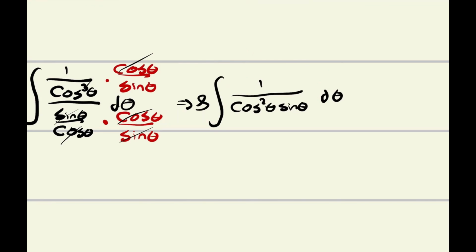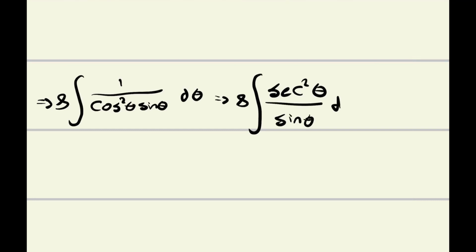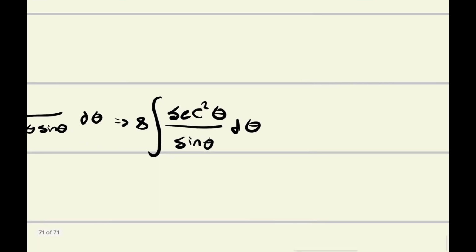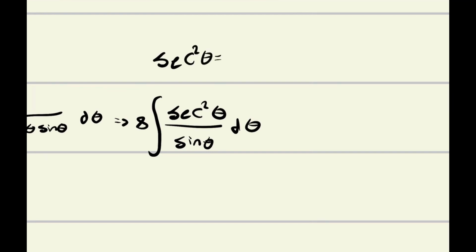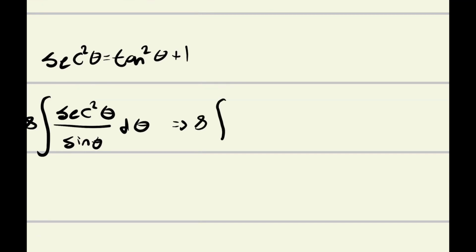If we go back to the way it was before, we could have secant again, and we can have 8 times the integral of secant squared theta over sine of theta d theta. Secant squared theta is equal to tan squared theta plus 1. So we'll write this out again: 8 times the integral, and we'll also split up the denominator.